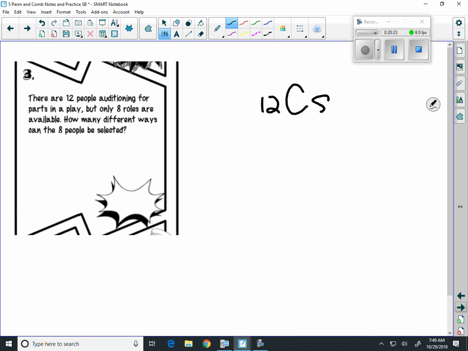They have 12 options, but they're only going to choose 8. There's only 8 roles. So when we write the formula, total numbers on top, then small number on the bottom, and then in your parentheses, big minus small. Don't forget that factorial at the end. Break it down, and you can put it in your calculator.